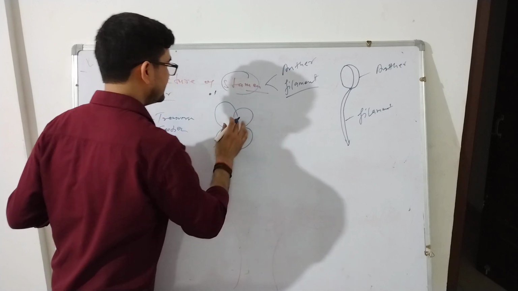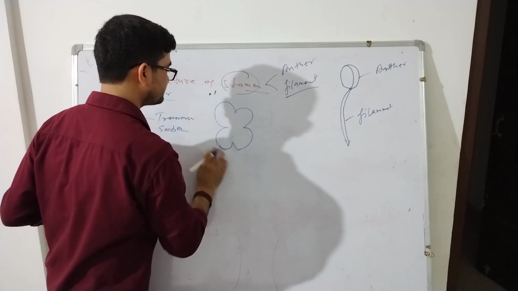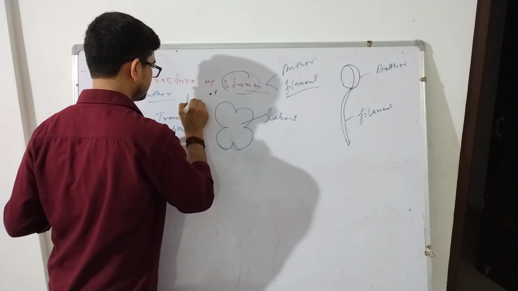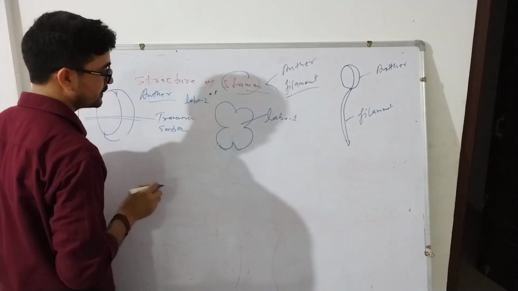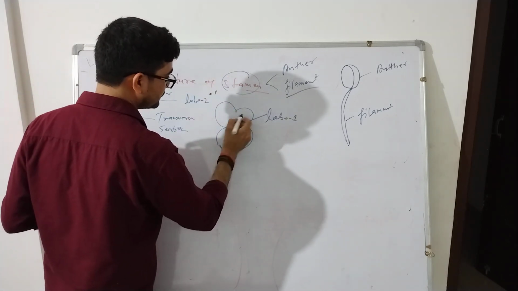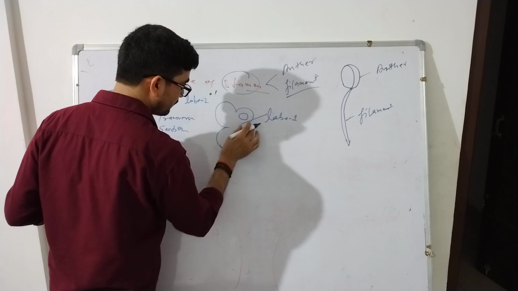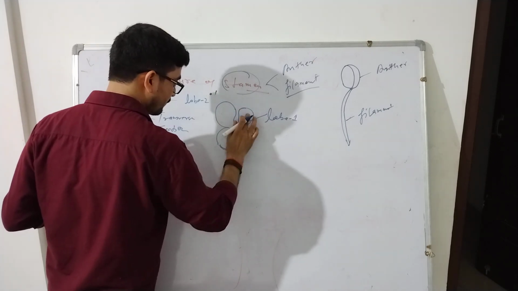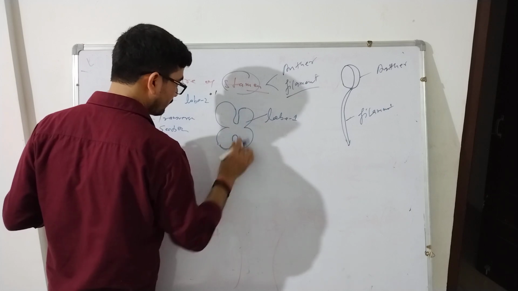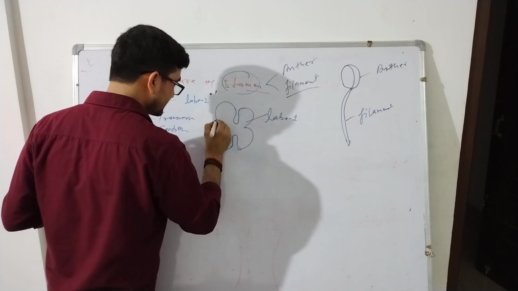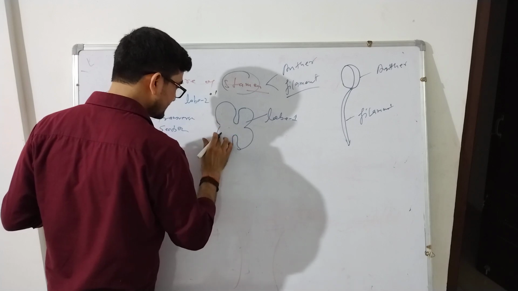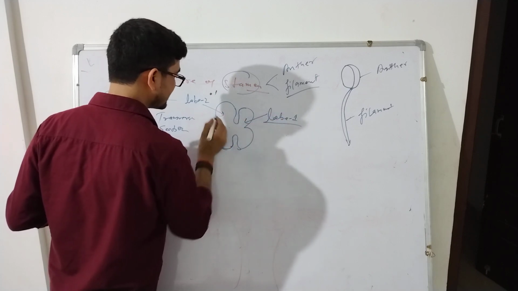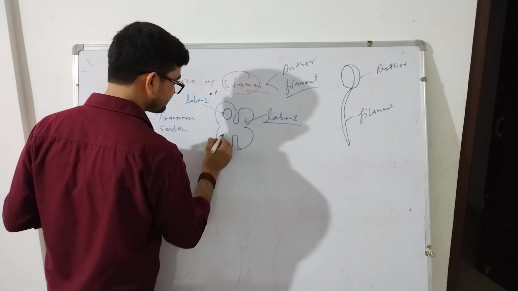This is the lobe. Each anther has two lobes: lobe 1, lobe 2. Each lobe is divided into two thecae.